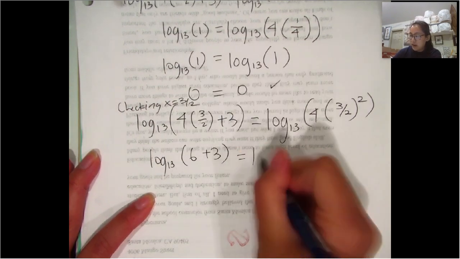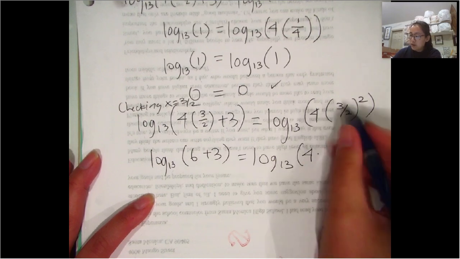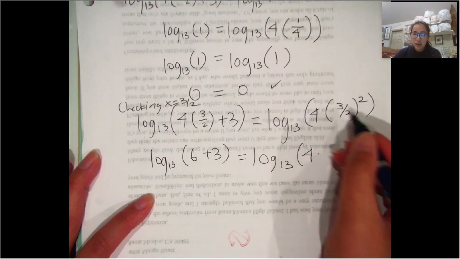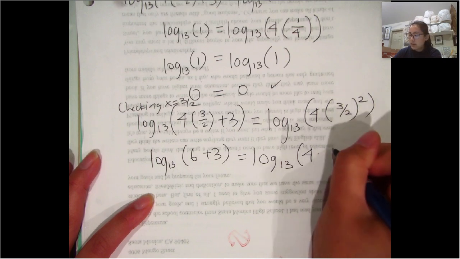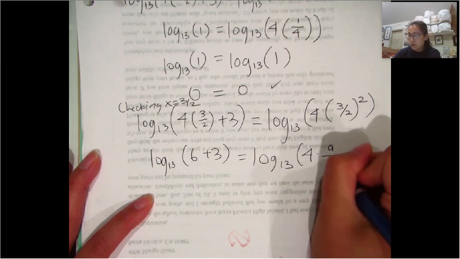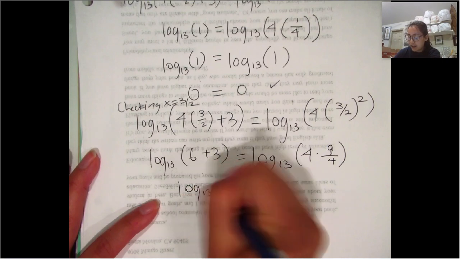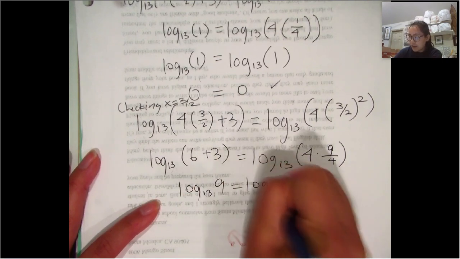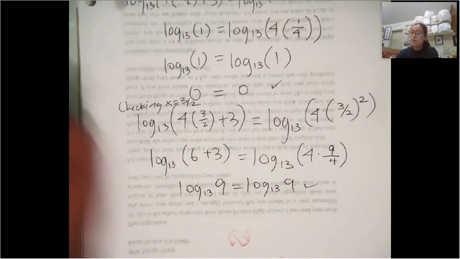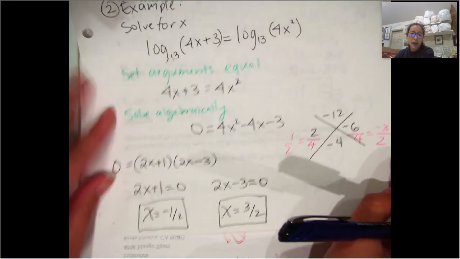Then log base 13 of 4 times 3 over 2 squared, that's 3 squared over 2 squared, which is 9 over 4. 4 times 9 over 4 is 9. So you have log base 13 of 9 equals log base 13 of 9. So check, that works. Both of these are solutions: x equals negative 1/2 and x equals 3/2.